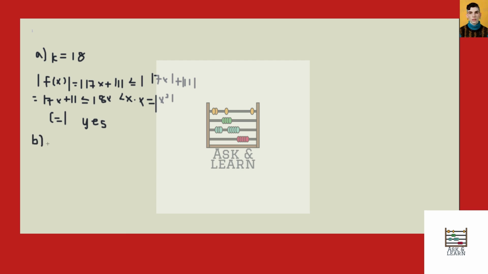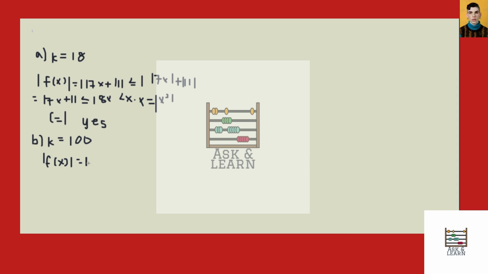For part B, we have x squared plus 1000. Let's just choose k equals 100, so we'll use x is bigger than 100. Since x is bigger than 100, x squared is going to be bigger than 10,000.